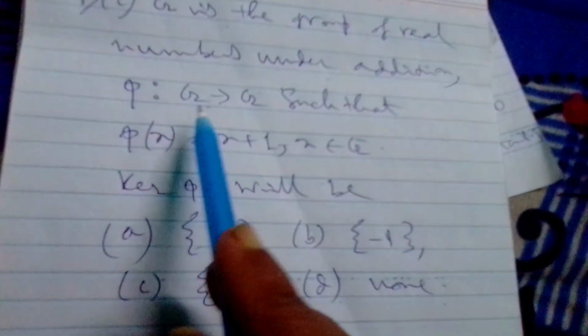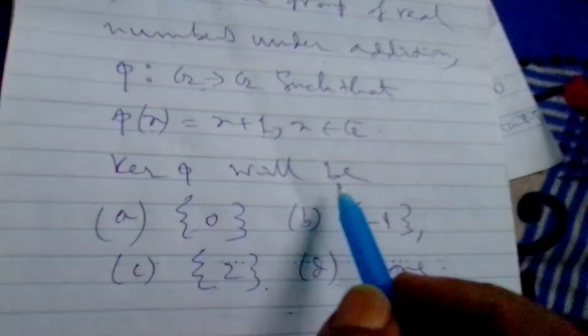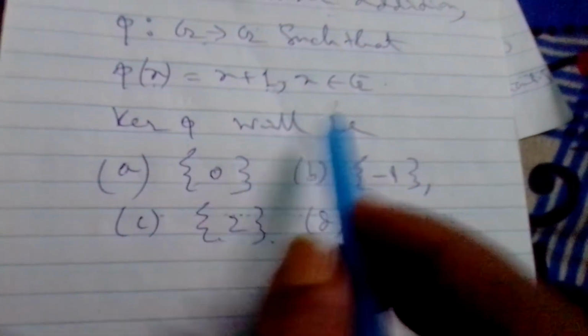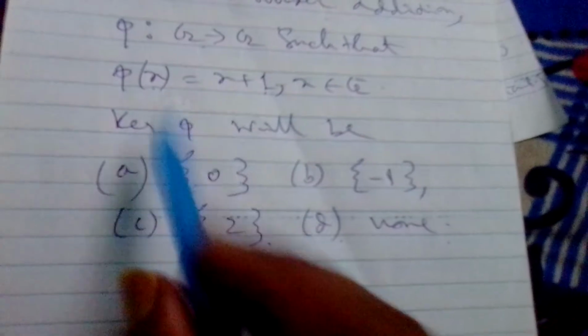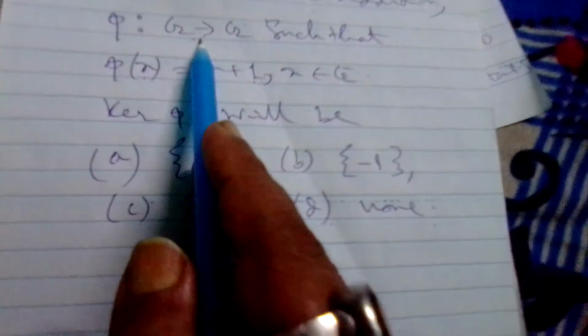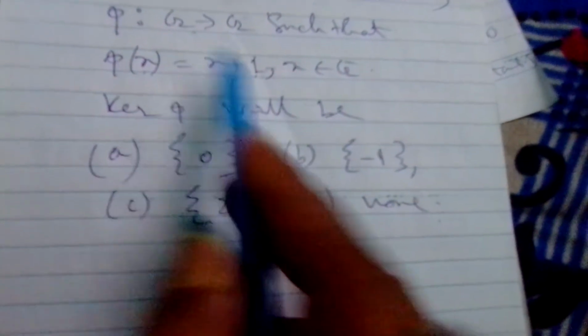If we test it, it's clearly a homomorphism, no matter for that, and the result is phi x equals x plus 1, x belonging to G. The kernel is where phi x equals 0, the additive identity, so the identity element will be only 0, the additive identity element.